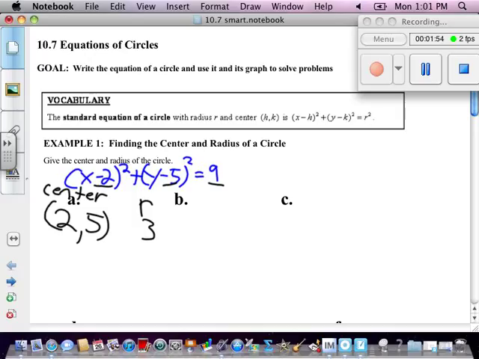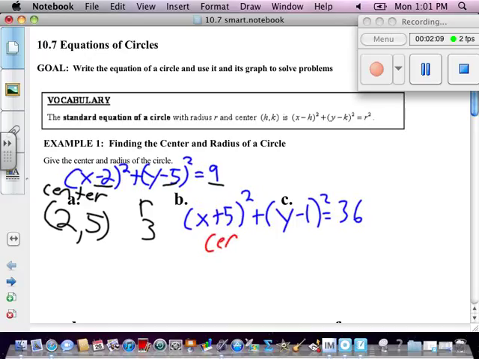Okay. So B is (x plus 5) squared plus (y minus 1) squared equals 36. Does somebody want to raise their hand and tell me what the center is? Somebody want to tell me what the radius is?